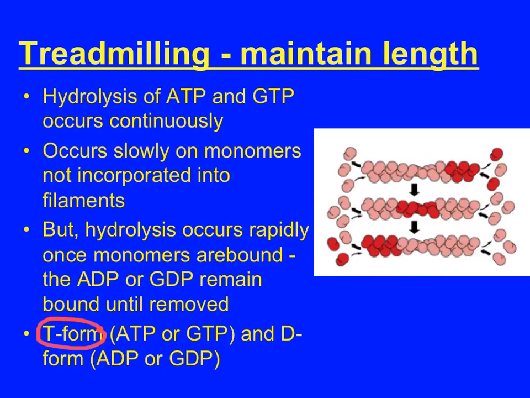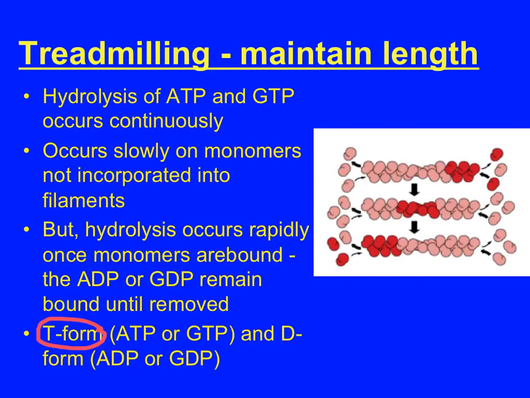Now, can ADP get phosphorylated when it's bound to globular actin? Absolutely not. We don't have a mechanism for that. So think of these as getting older. The longer they're in the filament, the more likely they're in the D form. What is the difference between the T form and the D form of globular actin?